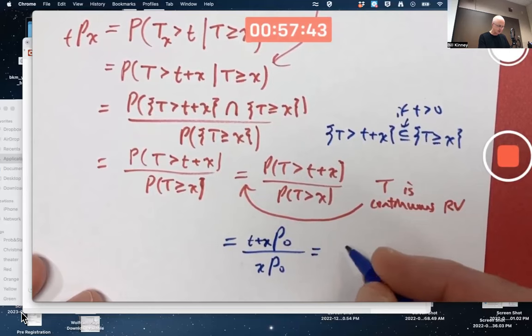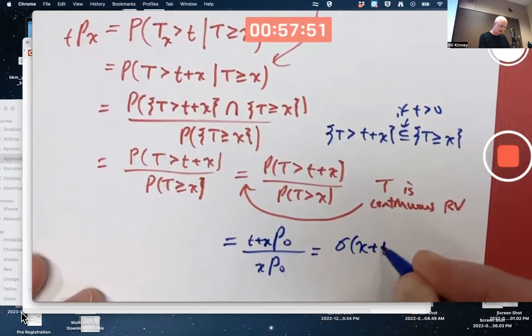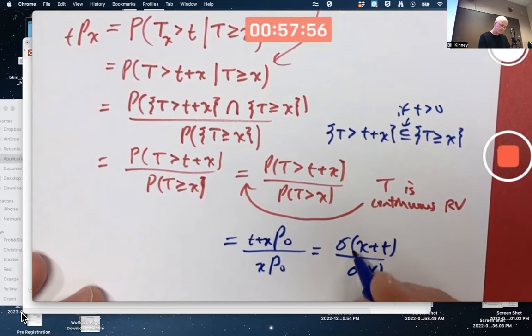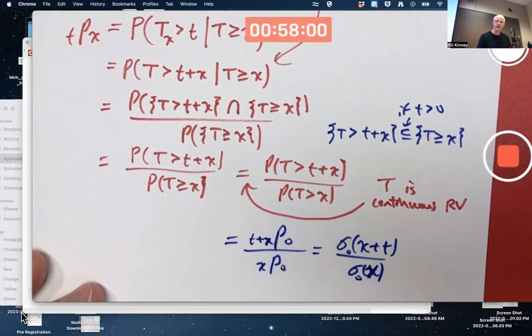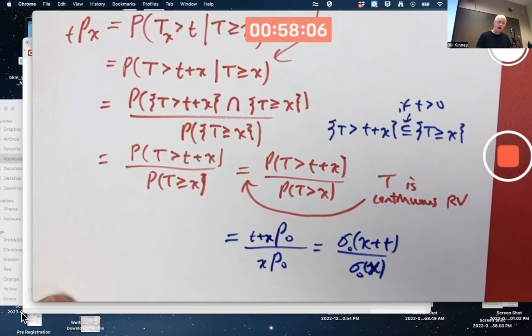Or in non-standard notation, I'll do the one in the handout: it's sigma of x plus t over sigma of x, a little less confusing. And I could put zeros there; in the handout, those zeros are not there.